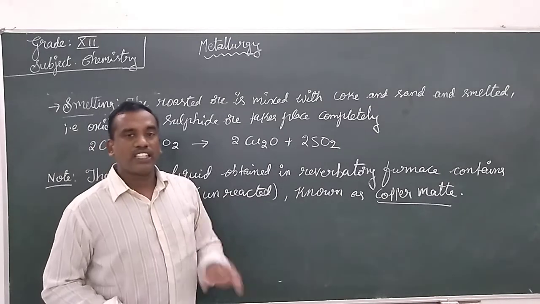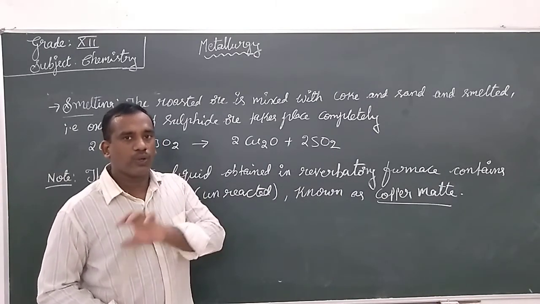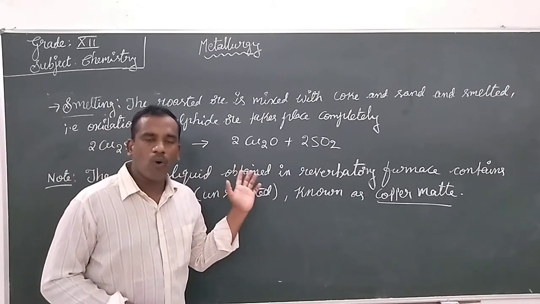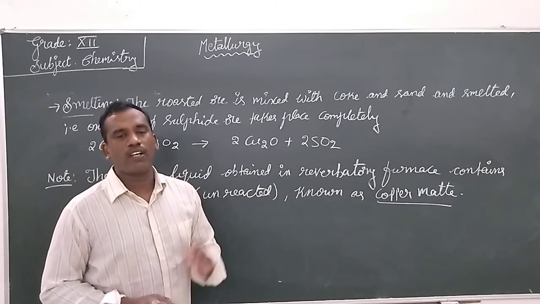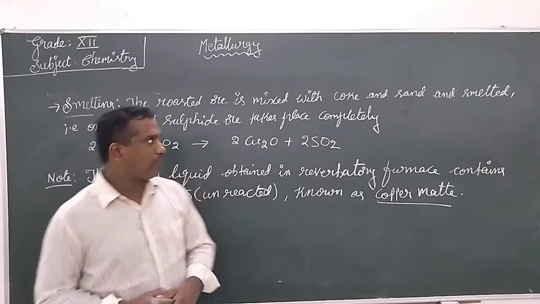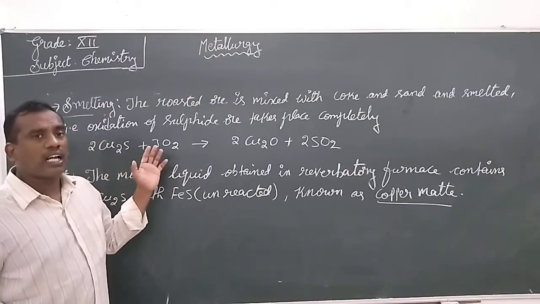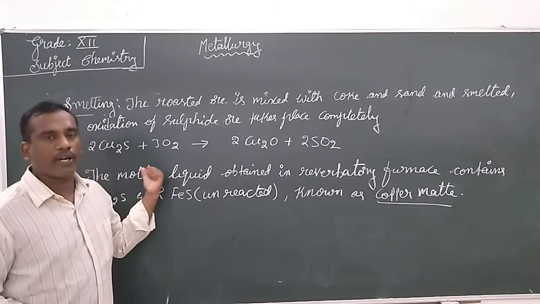Smelting means the process by which we get the metal oxide from the ore of the copper by the process of heating. We call it also smelting. Here we are completely oxidizing this so-called copper ore.